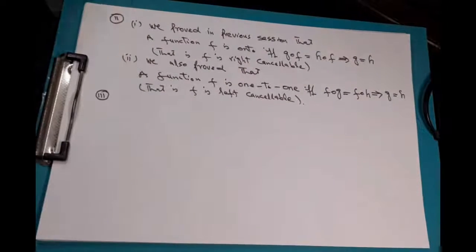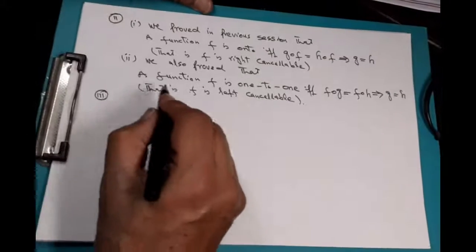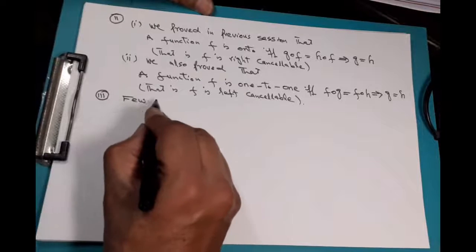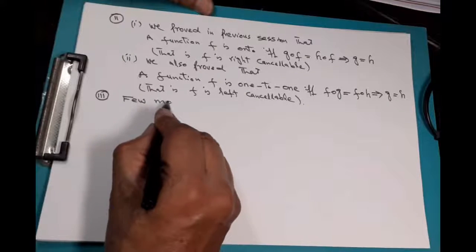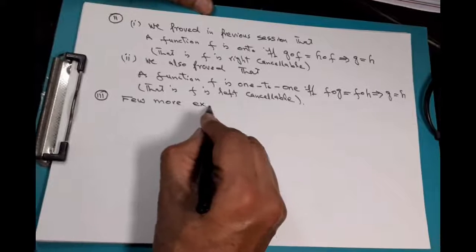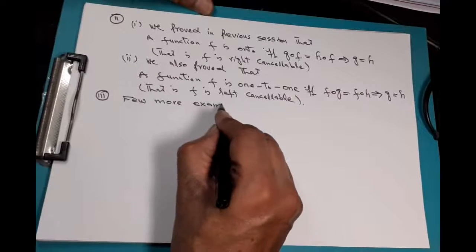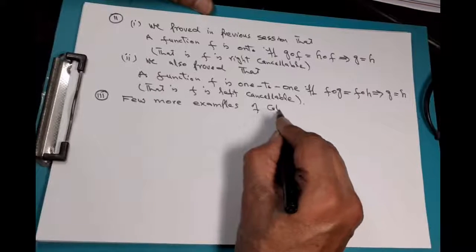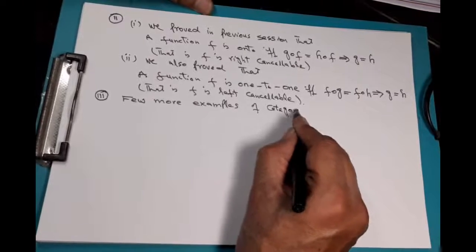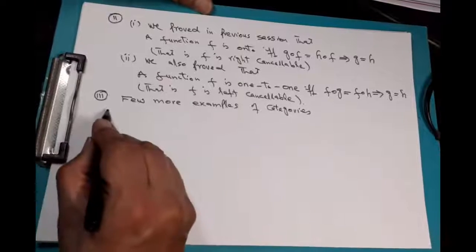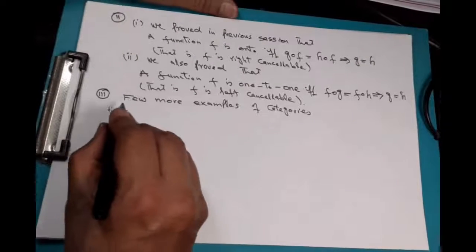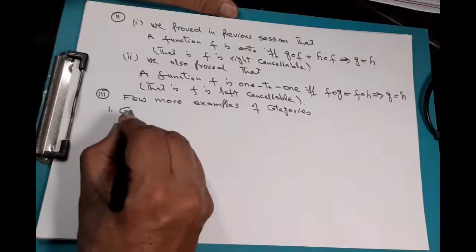Now we come to a few more examples of categories. So let's consider this particular category GRP.